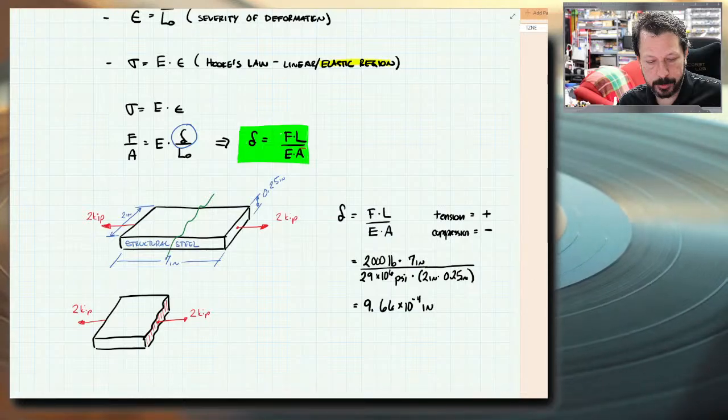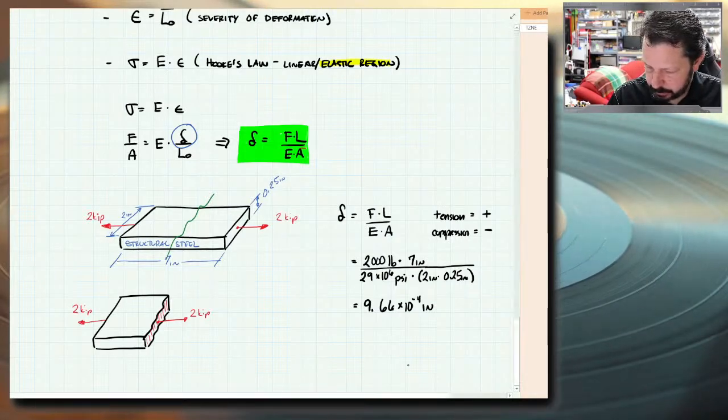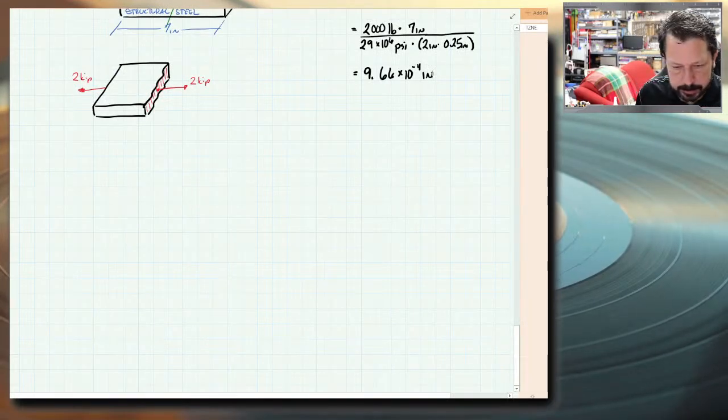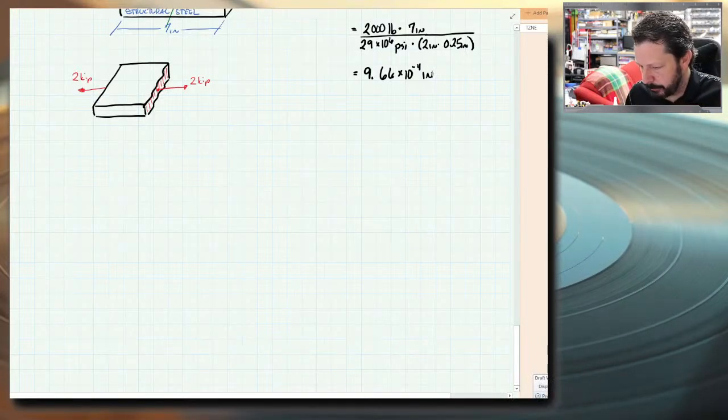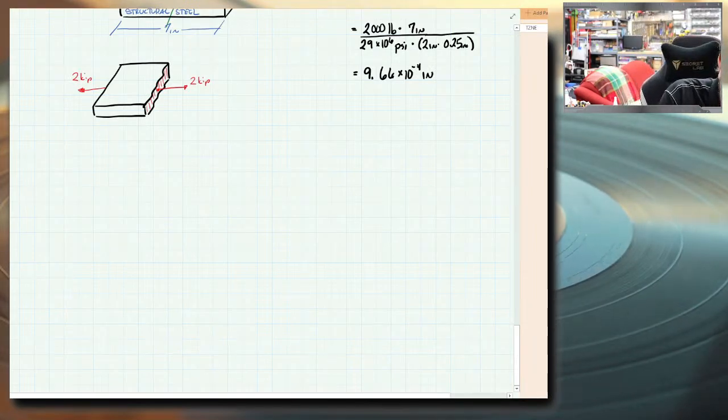Let's take one level higher. It's not that it's more complicated, but we just have to be a little more careful. So now let's do one hanging from a ceiling just so that it's a different orientation.